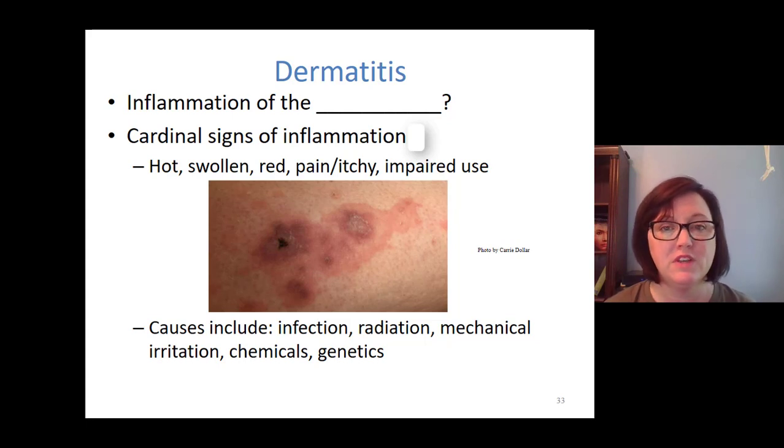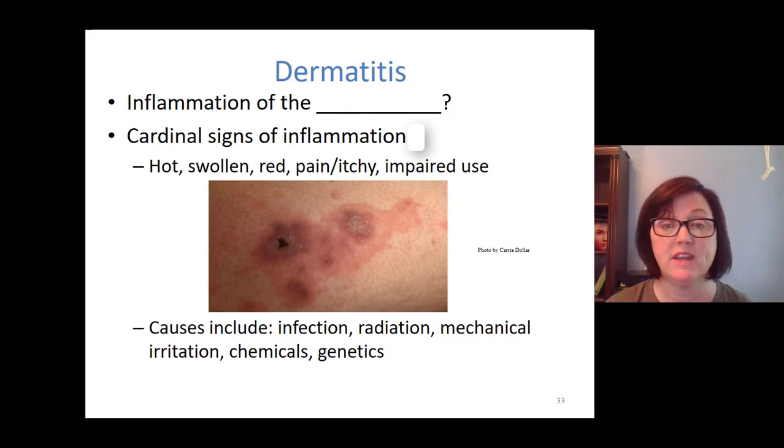So different things can cause dermatitis. This includes infection, so you can have like a fungus growing on your skin. It could be radiation, like UV radiation causes a sunburn, and that's a form of dermatitis. It could be mechanical irritation.